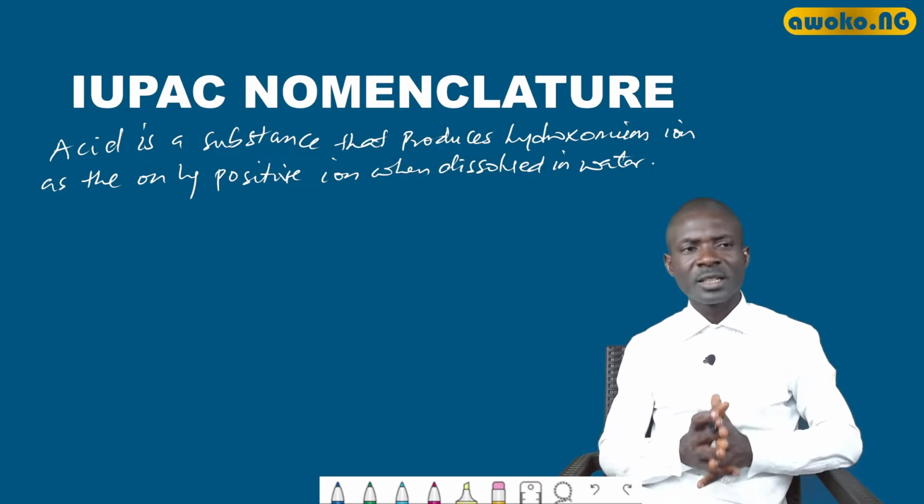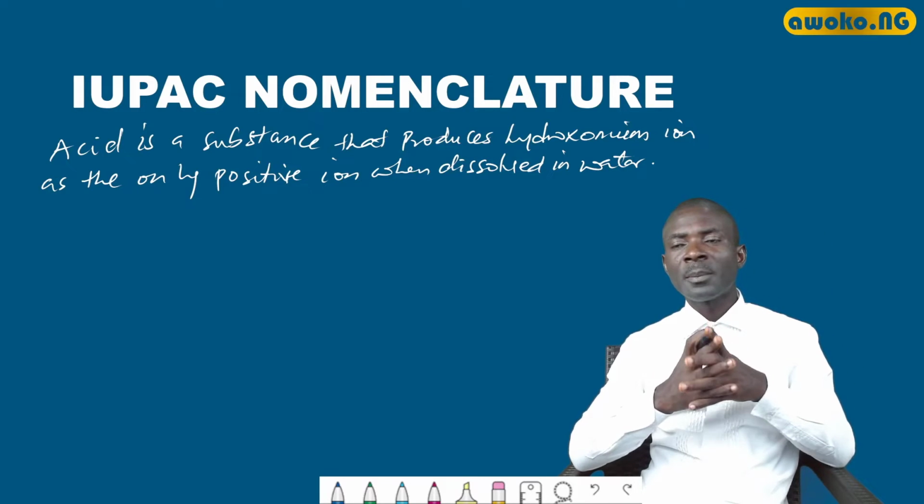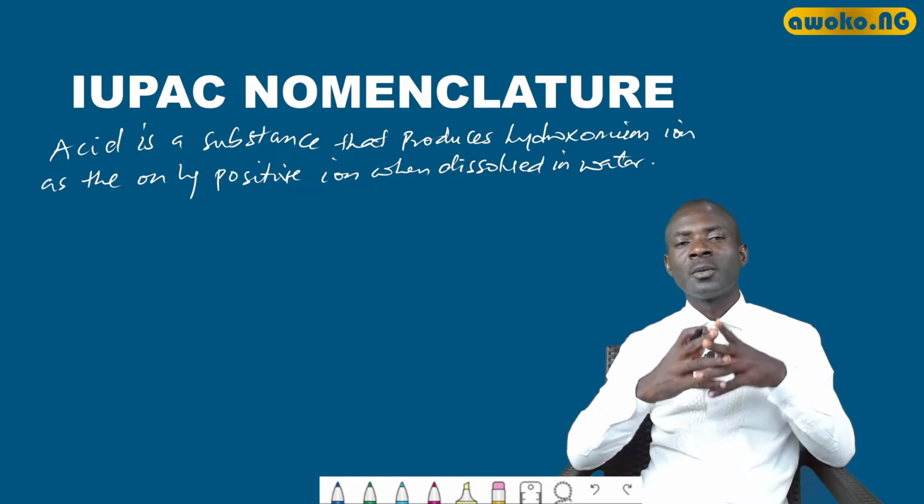Okay, so an acid produces what? Hydronium ion as the only positive ion when dissolved in water.